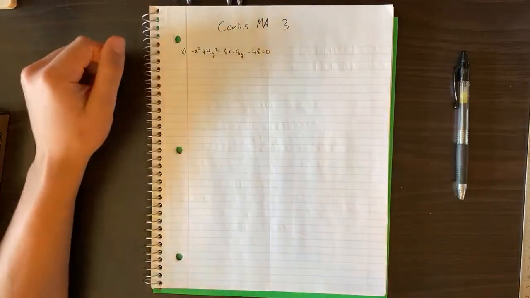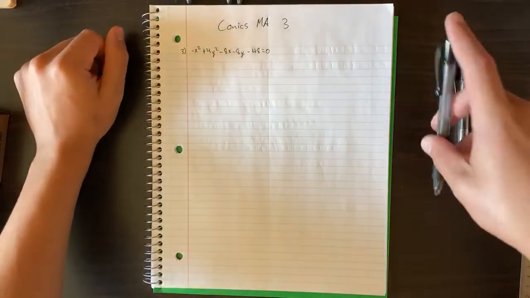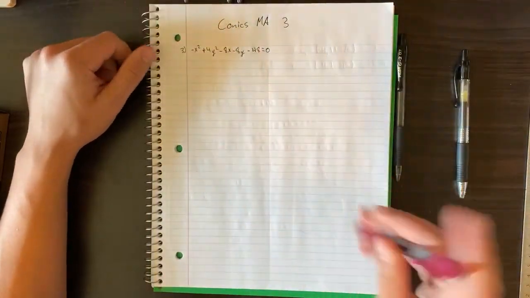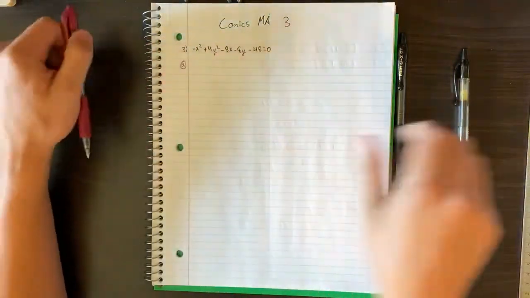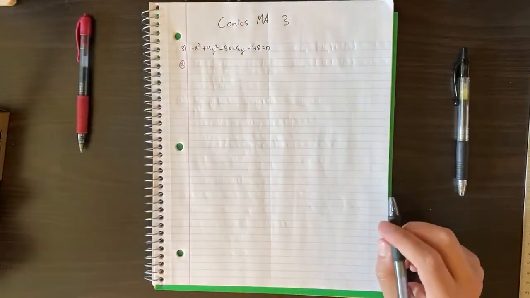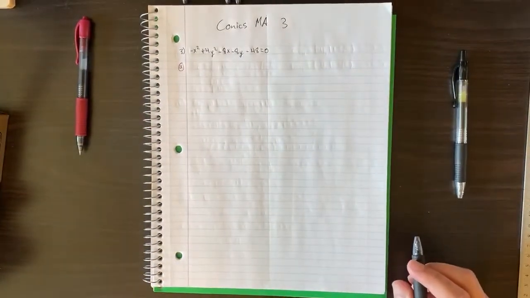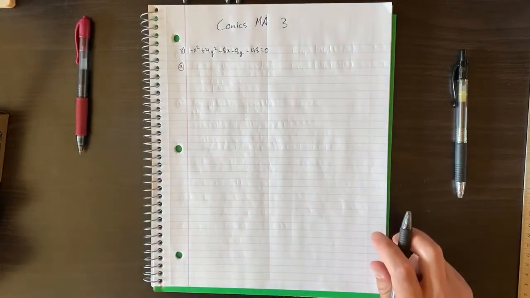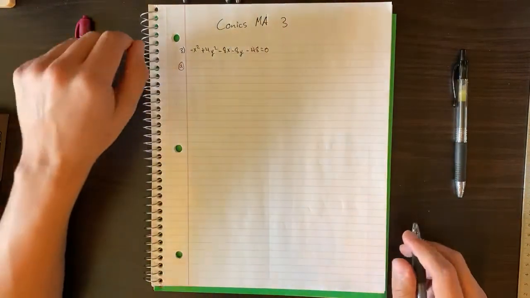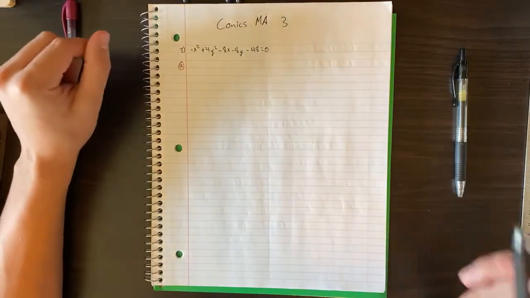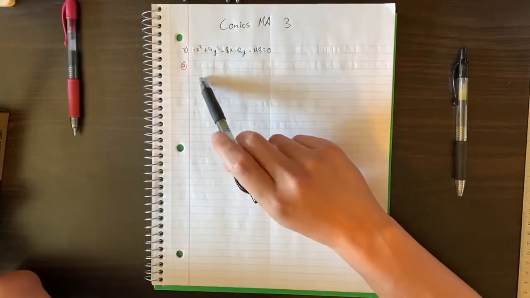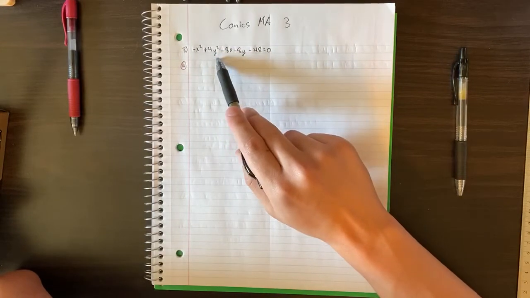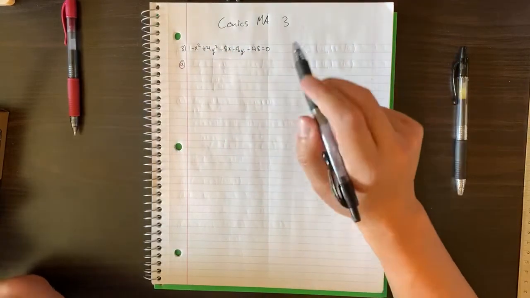I'm going to be doing problem number 3. The first thing we need to do is decide whether or not this is a parabola, a hyperbola, or an ellipse. Now, we can tell this is a hyperbola because both x and y variables are being squared.